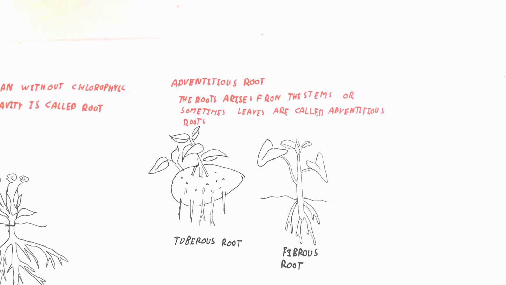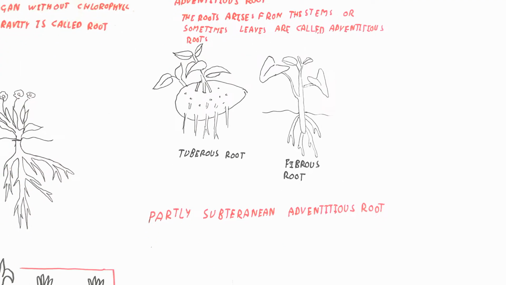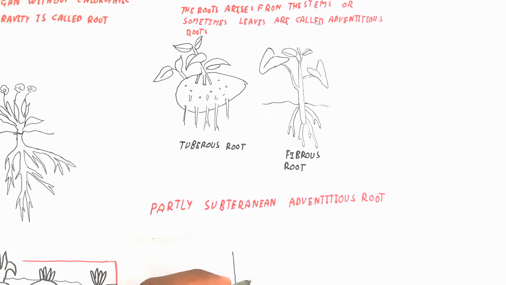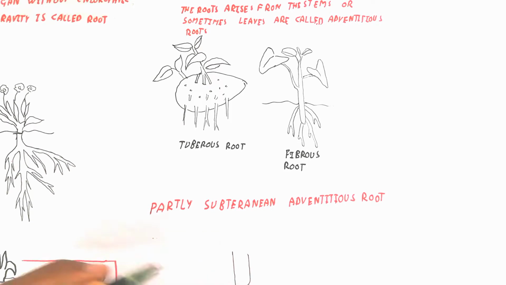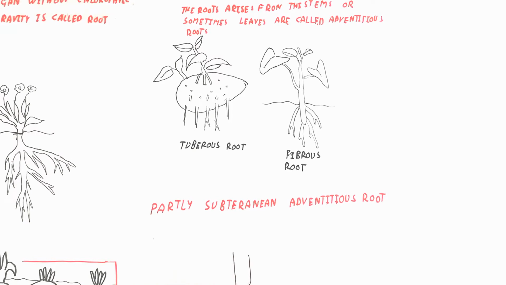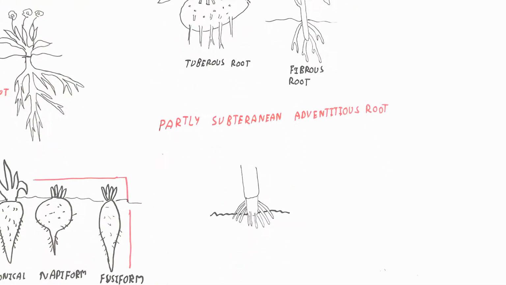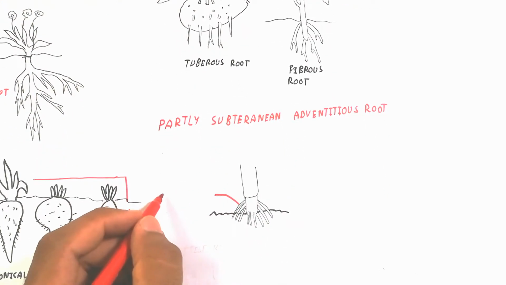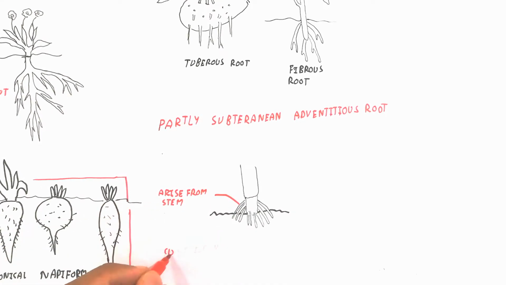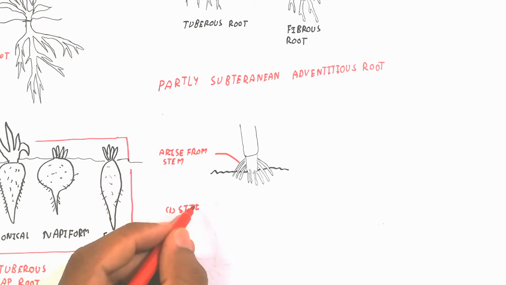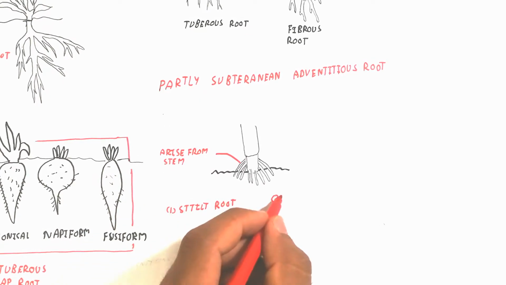Partly subterranean adventitious roots are semi-embedded into the soil. For example, they arise from the stem, and half of the part is in the soil and half is in the air. That is why it is known as the partly subterranean adventitious root.